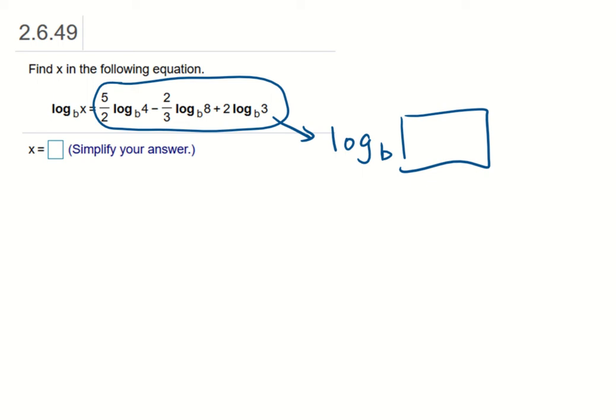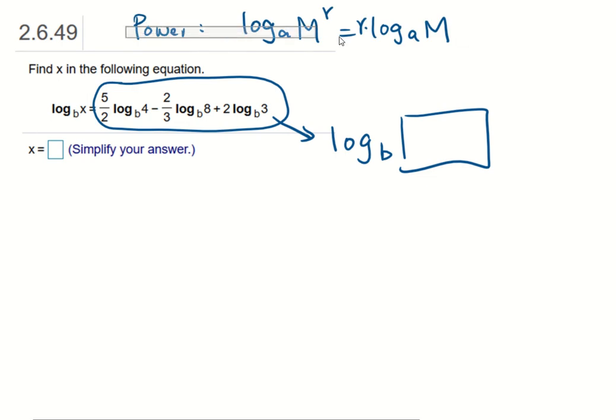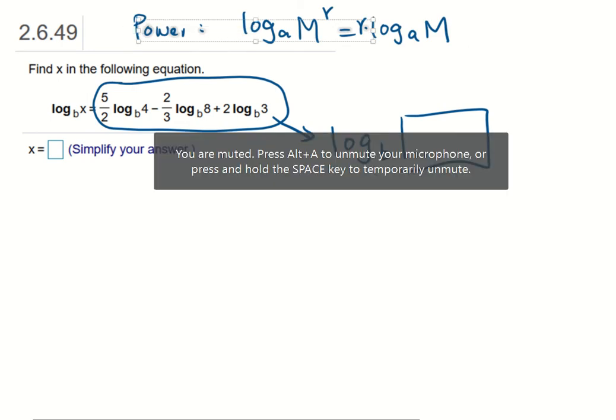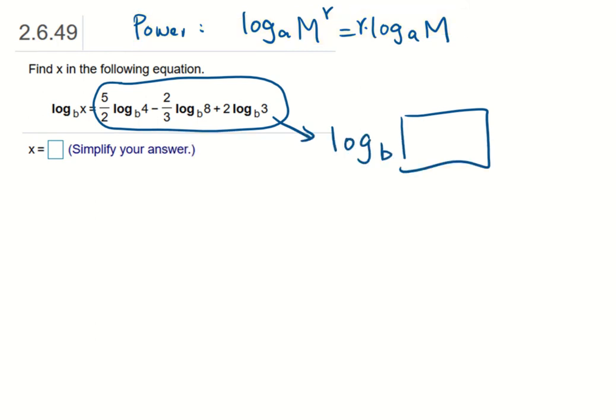First, I'm going to use the power rule. This is the power rule over here. We're going to use the power rule to move the coefficient of the log as the exponent of the argument of the log.